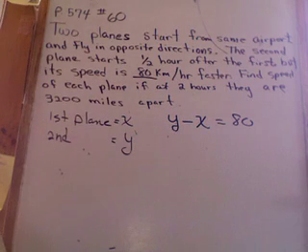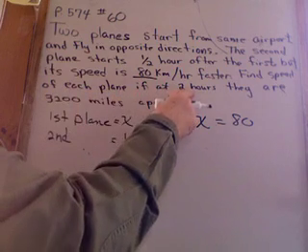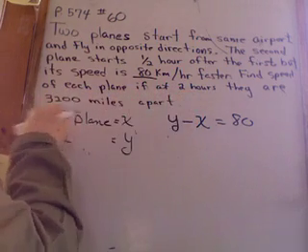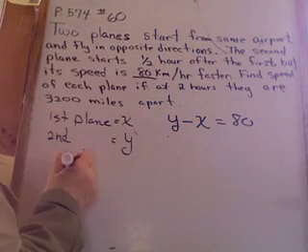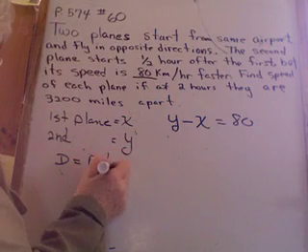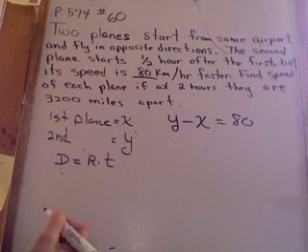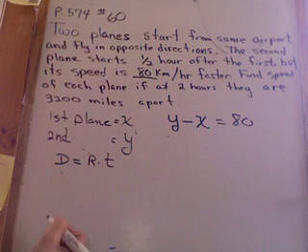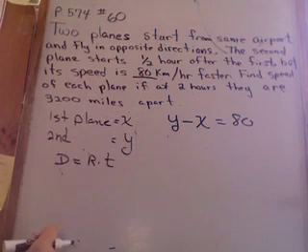Now, what else do they tell me? Find the speed of each plane if after 2 hours they're that distance apart. So we know that distance equals rate times time, right? So, what's the time? Well, there's two different times because there's a half an hour difference, right?